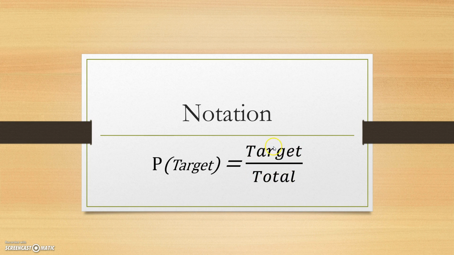The right-hand side is just what we've been talking about, and I just wanted to forewarn you that they will frequently be giving you the left-hand side, and then you just use everything we already learned. The target goes on top, you'll have to plug in a number for that, and then the total goes on bottom, and reduce if you can. That is just the way that they write that.